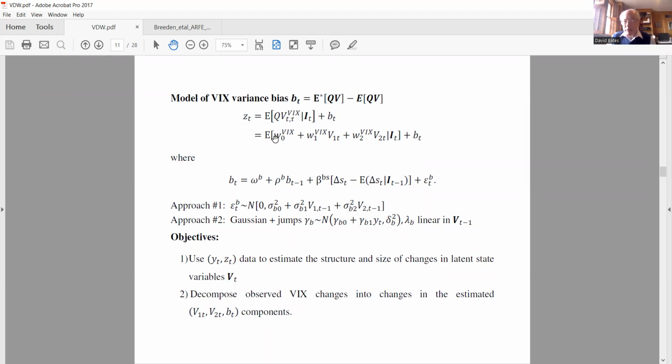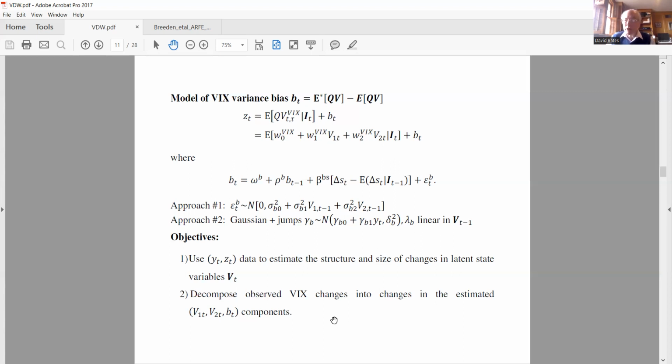I have my forecast of what the VIX should be based on these V1s and V2s. And then that error is used to update my estimates of V1 and V2. But while recognizing that there is this bias component, how much weight should we give to the latest Z? Anyways, it's purely statistical, I would say.